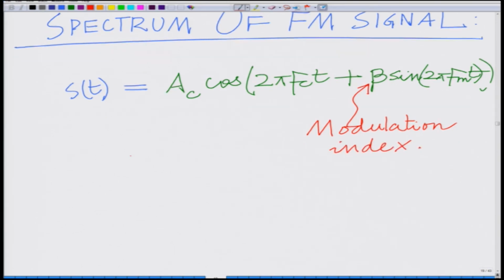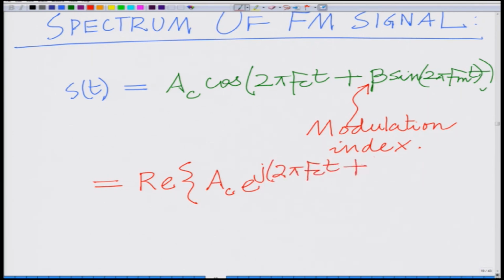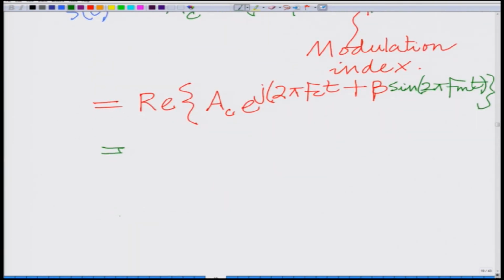Now, what I am going to do is write this as the real part of A_c e to the power of j 2 pi f_c t times beta sine 2 pi f_m t.